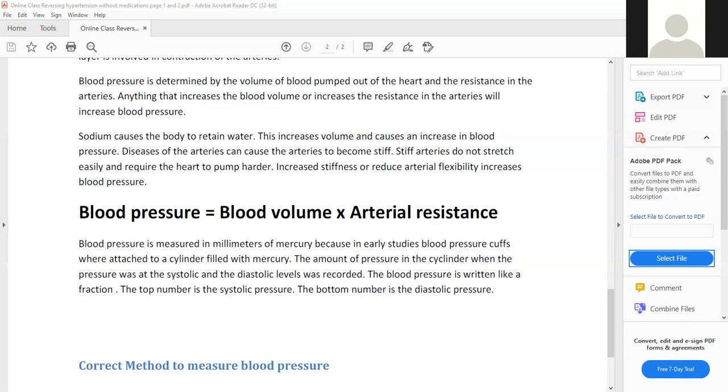But if you add that to some beetroot juice, you could be looking at a drop of almost 20 millimeters of mercury in your blood pressure. And the amount of beet juice that you should drink is about 8 ounces. At least that's what they had in the studies that I referenced here and in detail in the book.